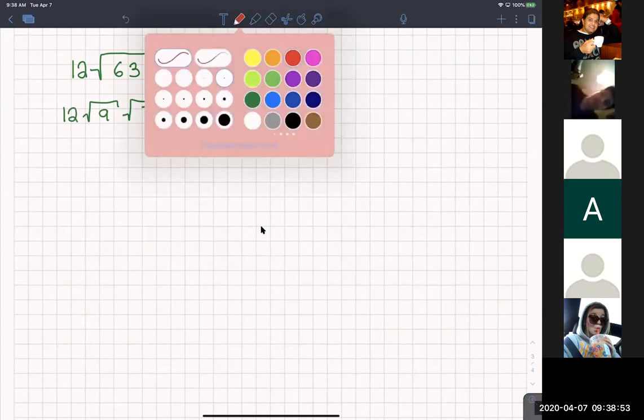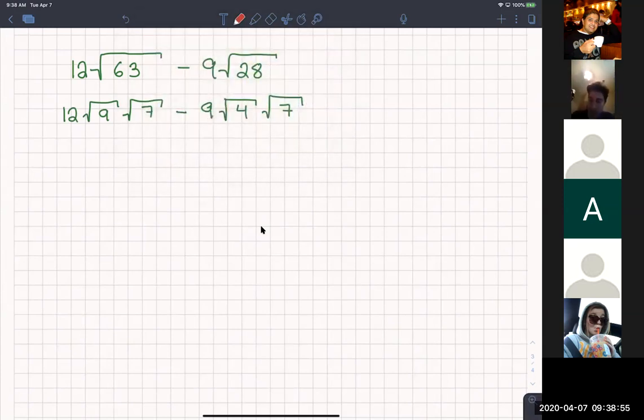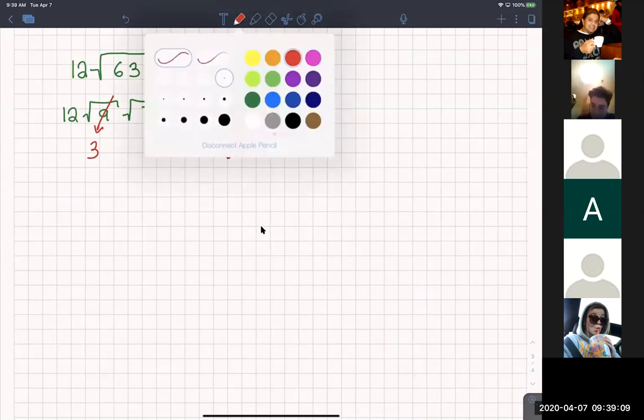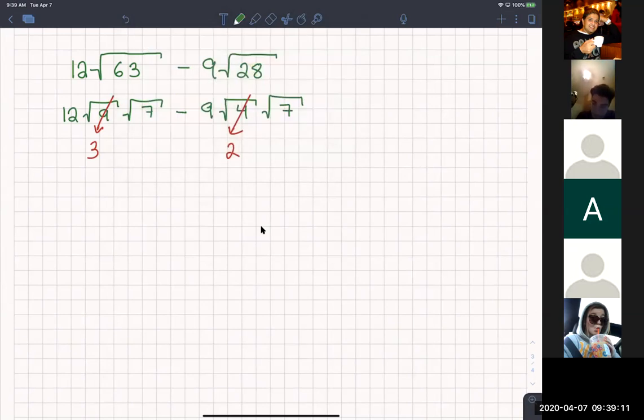So what comes out from the radical? The 9 becomes a what? 3. Okay. And the 4 becomes a? 2. Good. Now remember, we multiply the outsides together. So 12 times 3 is? 36.